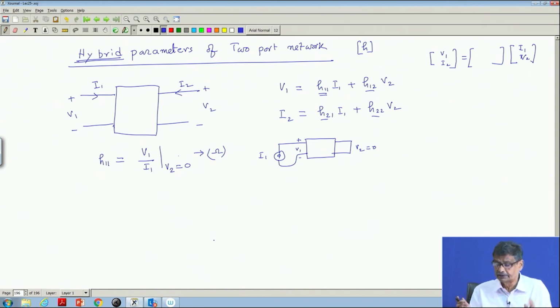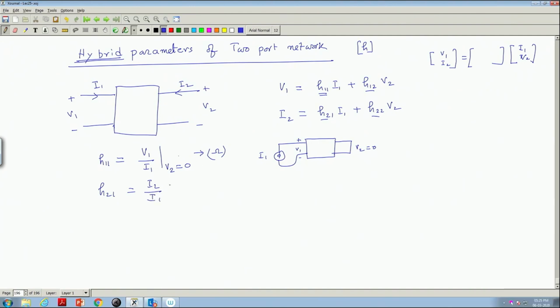So, H11 is this. Similarly, H21 from the same network with V2 equal to 0 will be equal to I2 by I1, from the second equation. That is, do this experiment: short-circuit the output port, excite it with a current source and record the current gain I2 by I1.